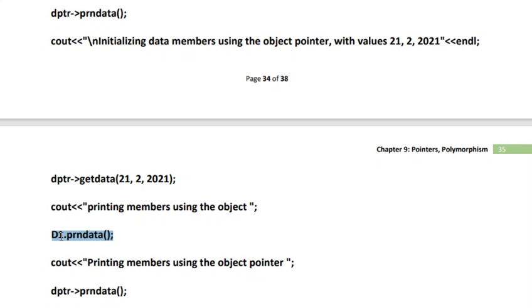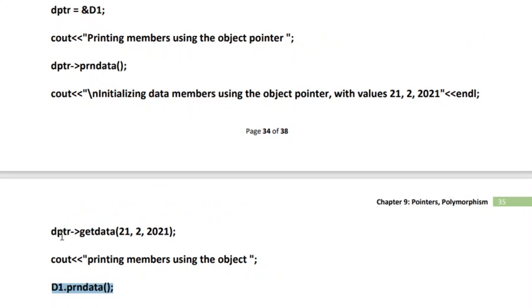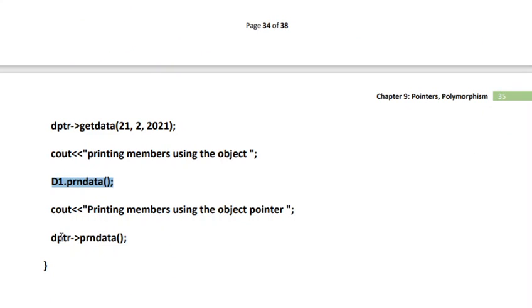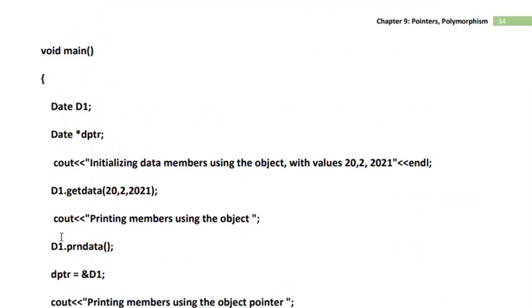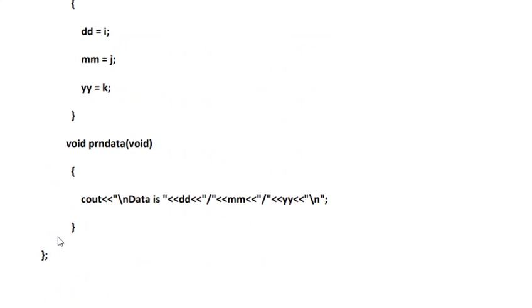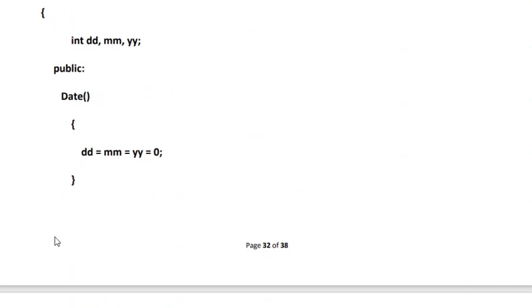This is a very simple example that shows how objects can be used in collaboration with the pointer in order to access the member functions and the data members. You can go through it and you'll be able to understand what this particular program is capable of doing.